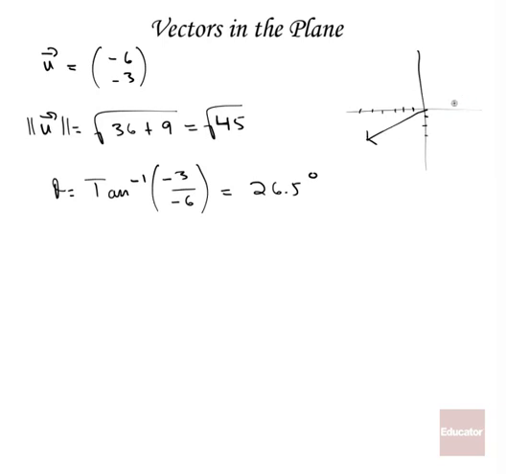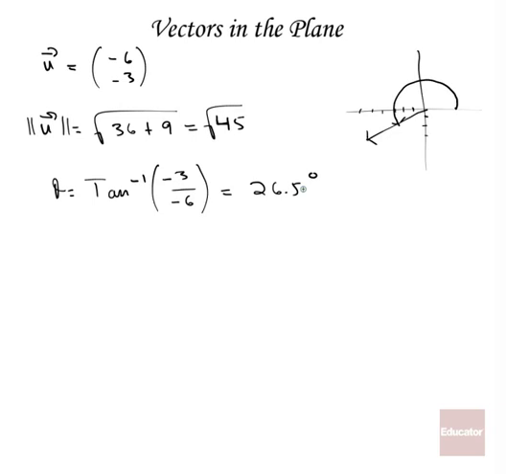Okay, 26.5 degrees, just on the surface that doesn't make sense. We're in the third quadrant. We said that angles are measured from the positive x-axis over that way. So I know that my angle has to be more than 180 degrees and less than 270 degrees. 26.5 doesn't really jibe with that. Here's what's going on.